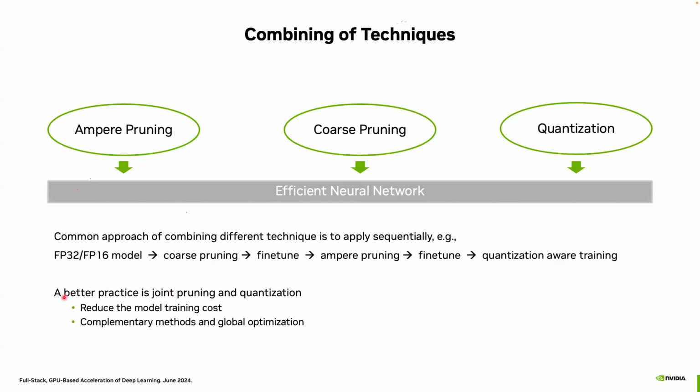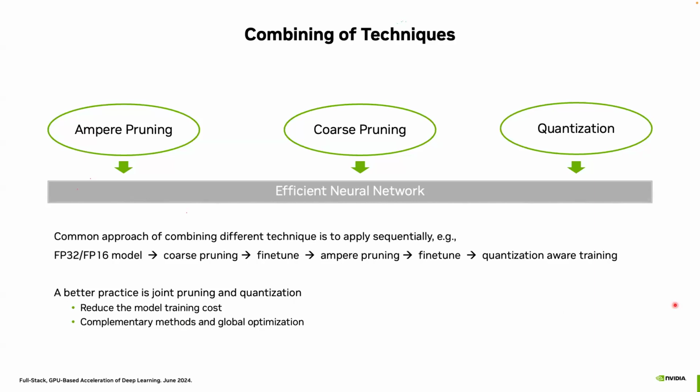But we think a better practice is actually to do a joint pruning and quantization in one step. For example, if we can jointly consider the quantization and channel pruning, then we can make sure that these two methods complement each other, and we consider them in a global optimization way.